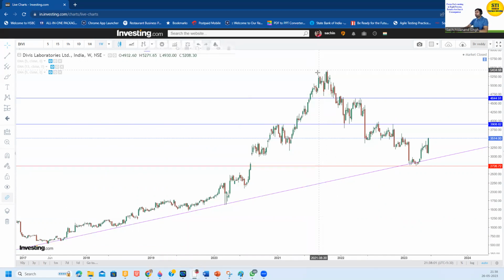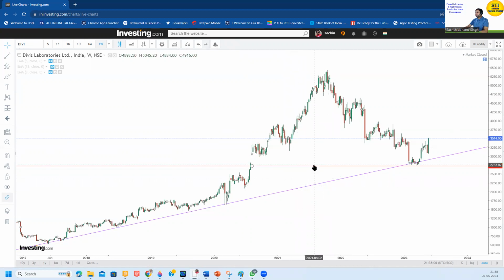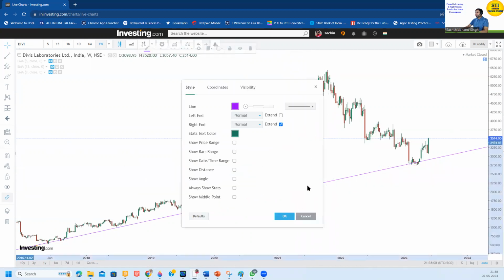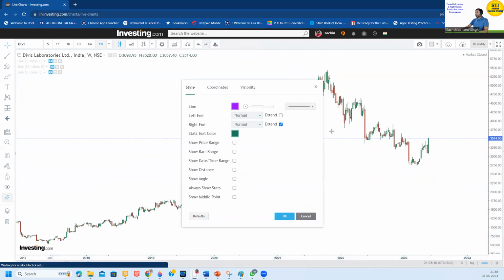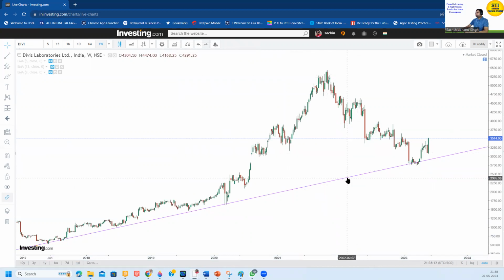Normally there won't be any line, so I'll just delete it for understanding. So if you look at the chart, price went up to this level, around 5,426, and after this it didn't move further, and it started coming down.